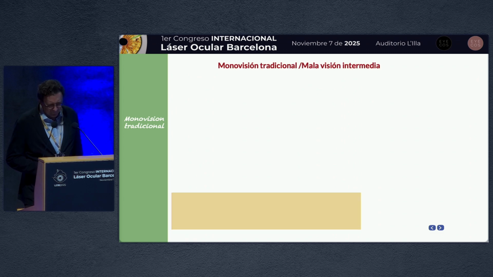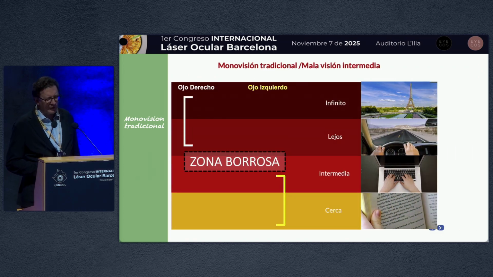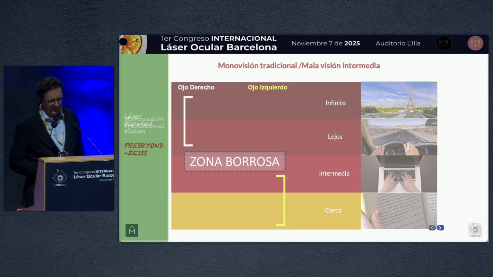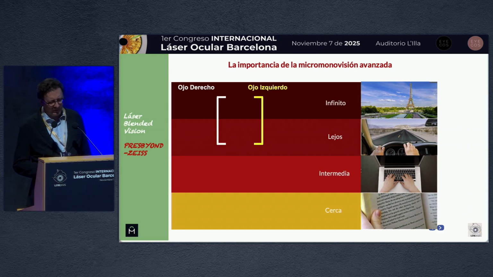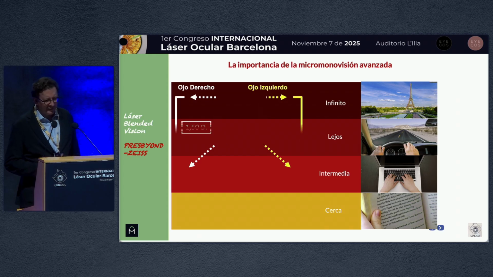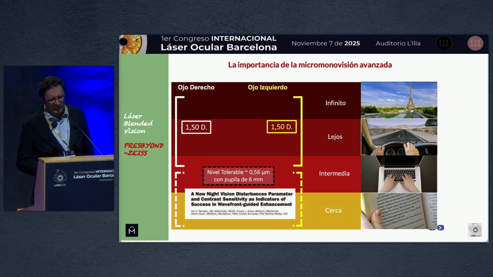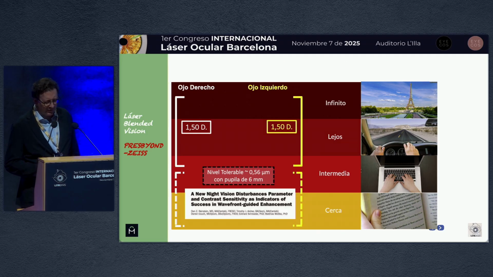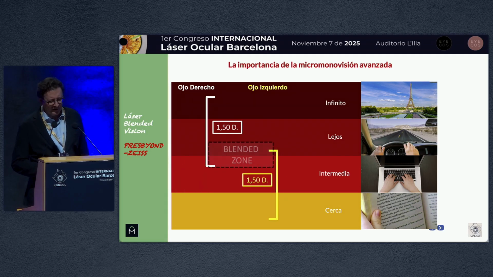So traditional monovision, what does it do? There's a blurred vision area, whereas with Presbyond laser by Zeiss, this blurry intermediate vision we substitute, because we will never go beyond this tolerance, 0.56 microns. That's why it's called blended vision, blended zone.